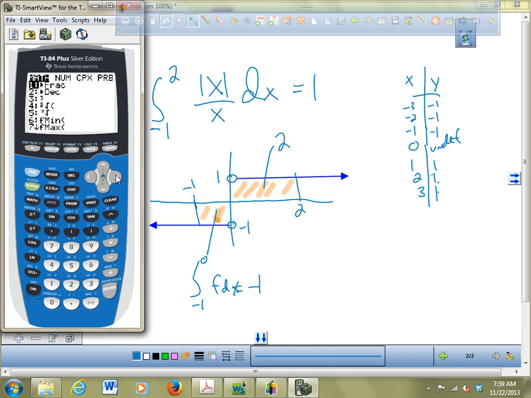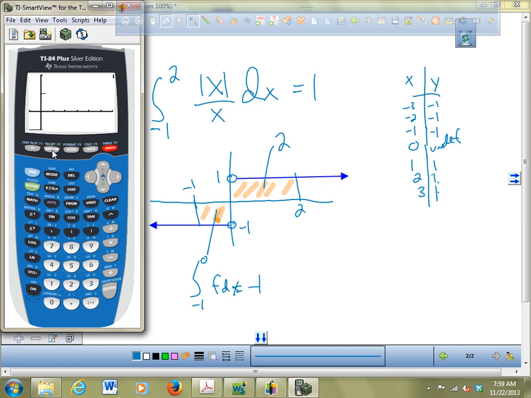And where is it? Here? There. You go over to here. There's the absolute value. It doesn't have the actual brackets. And so if I go x like that, and then I put x, and then I hit graph, my window's kind of messed up, but you can see that it actually graphs that function.